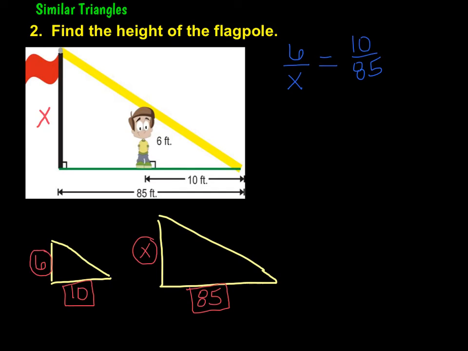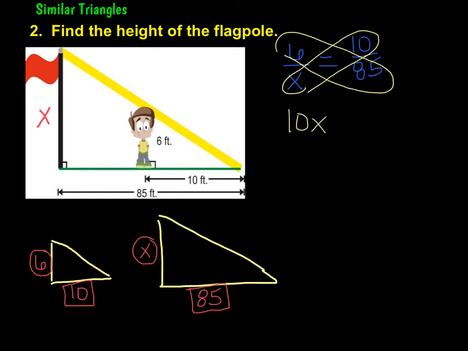Okay, next step, we need to go ahead and cross multiply. So here and here. So we end up with 10 times x, or 10x, equals whatever 6 times 85 is. I'll just punch that right into my calculator. 85 times 6 is 510.